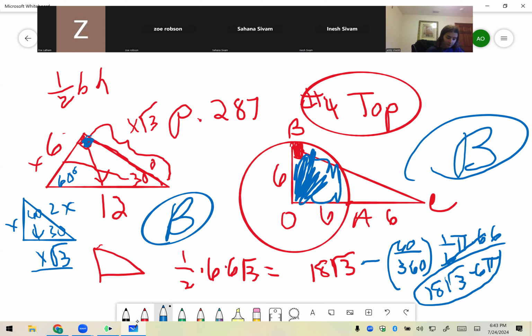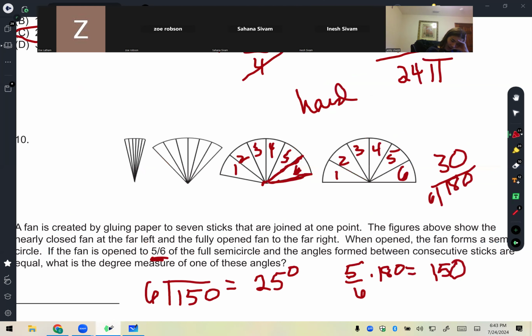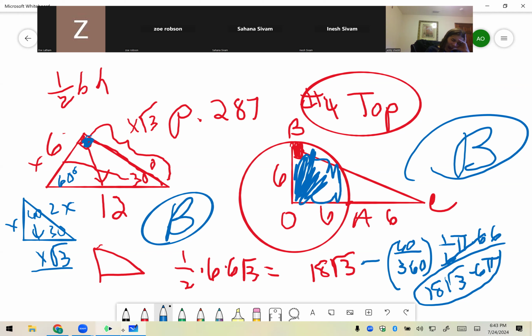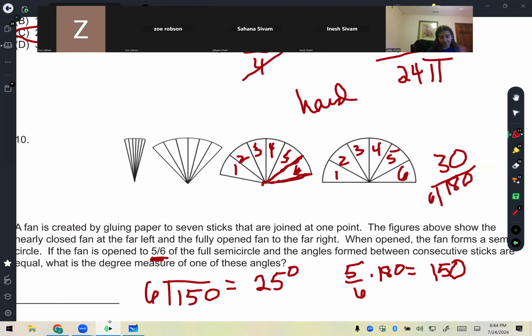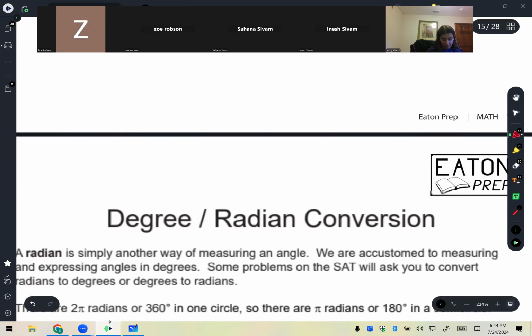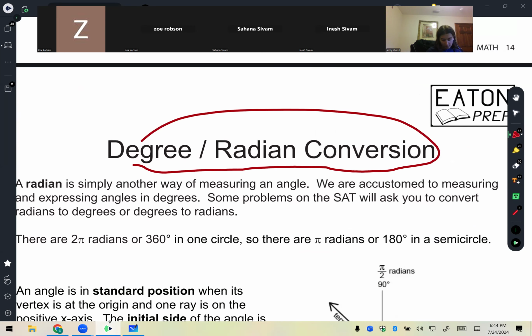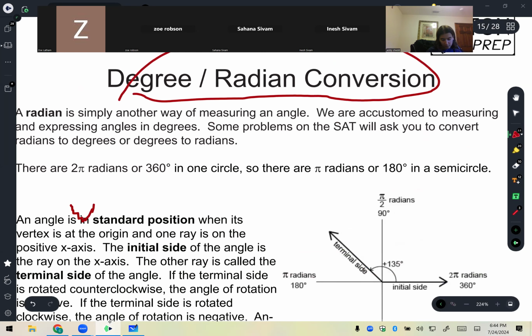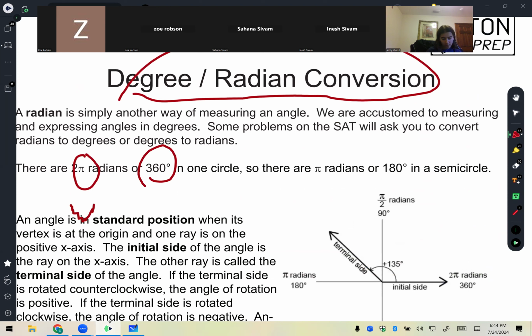Okay, let's go on to radians, which thankfully you guys have had. So we're back in the packet. Okay, so you know 2 pi is 360. And since you've all had this before, we had some kids on Sunday who never saw this before. So this is how it works.